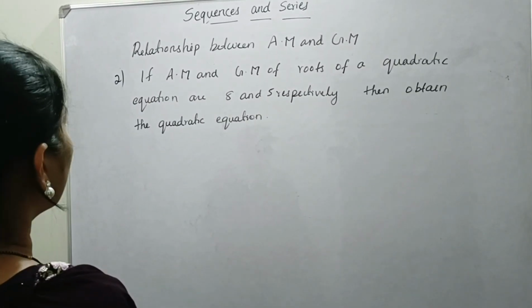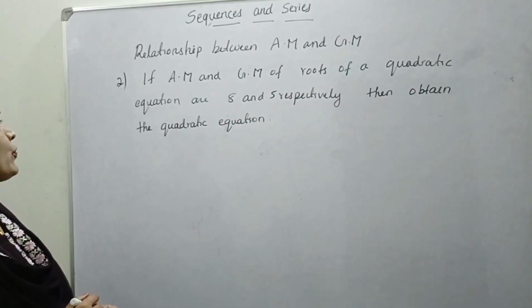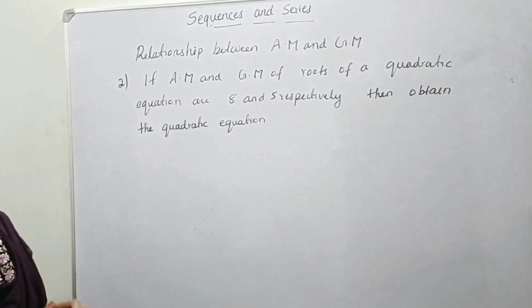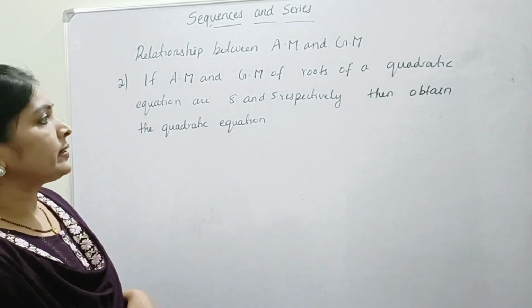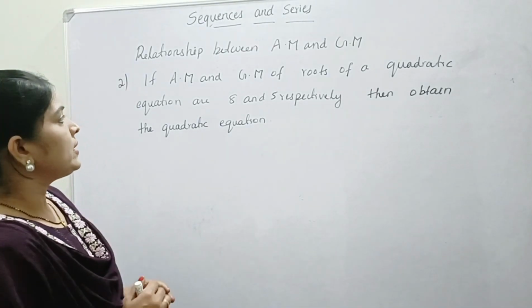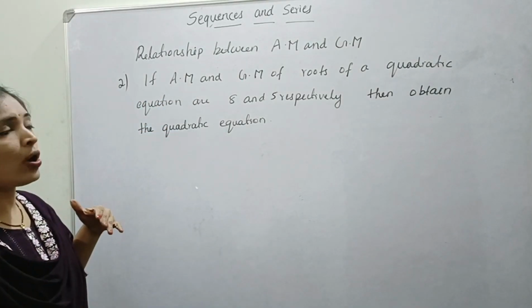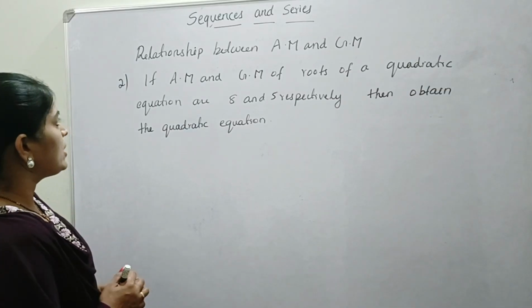Next question is, if the arithmetic mean and geometric mean of the roots of a quadratic equation are 8 and 5 respectively, then obtain the quadratic equation. Here we have to find the quadratic equation, and the arithmetic mean and geometric mean of its roots are given.